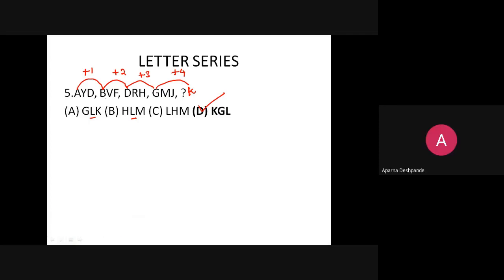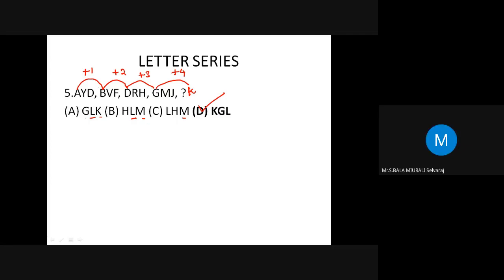Sir, in this example, can we consider the last letter also? Last letter K, M, M. But how come M is there? M is repeated twice. F, only one. G, only one. And J, only one. You understand?